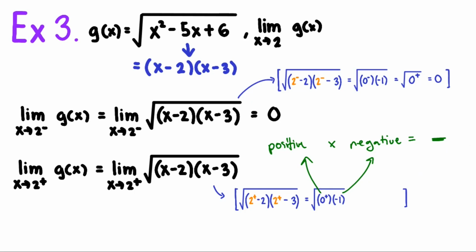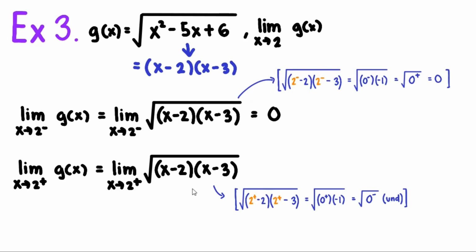So therefore, we have in here 0 from the left side of 0. Since we know that this refers to approaching 0 from the negative values, we know that the expression inside is negative. And again, in radicals, we can't have a negative expression inside it. Therefore, the outcome for this one is undefined.